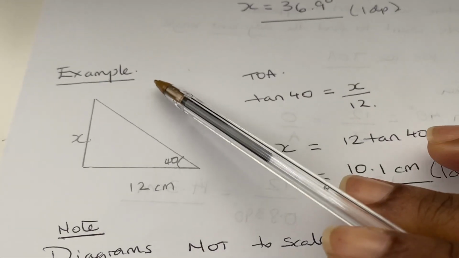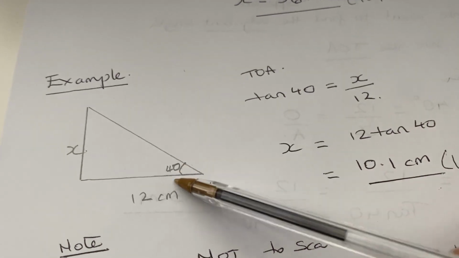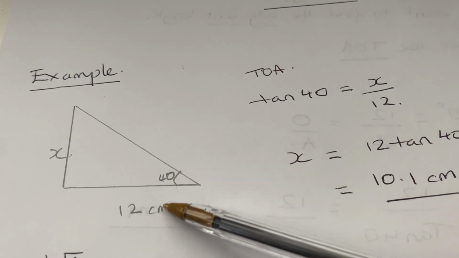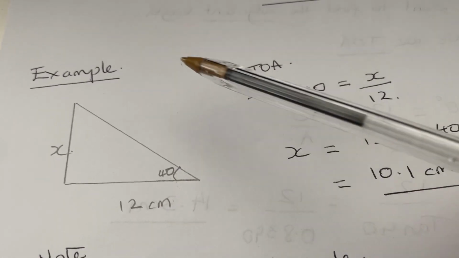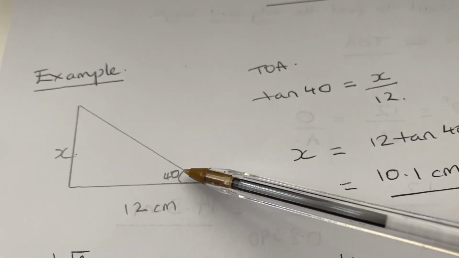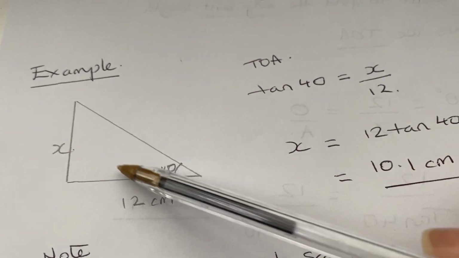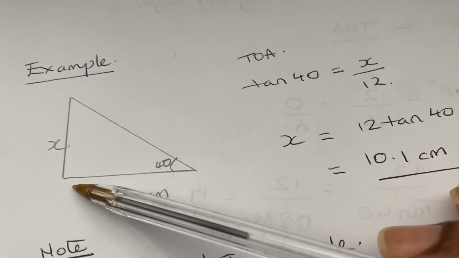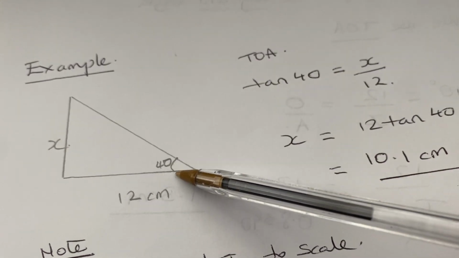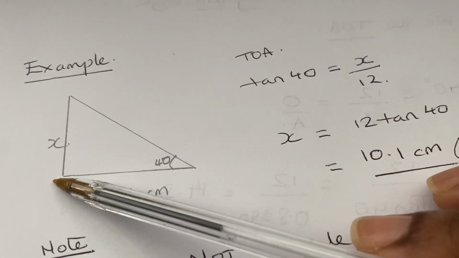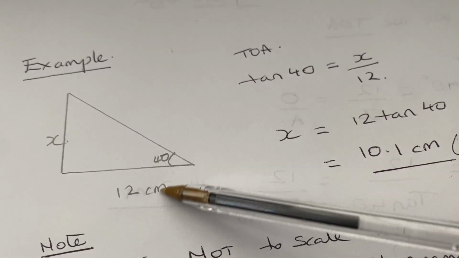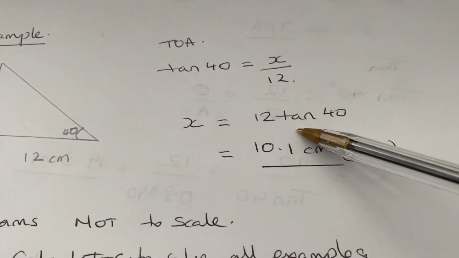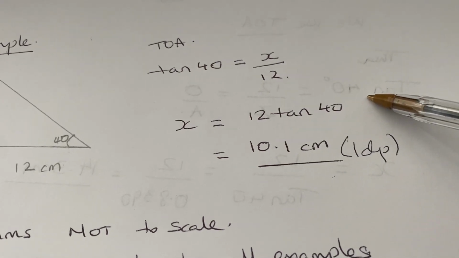Now another example here again. We have this angle 40. It looks similar to the first one, but I'll just move it around. We have the opposite, and we have the adjacent. We want to find the opposite length. So tan of 40 will be opposite x divided by 12, so x is 12 tan of 40.